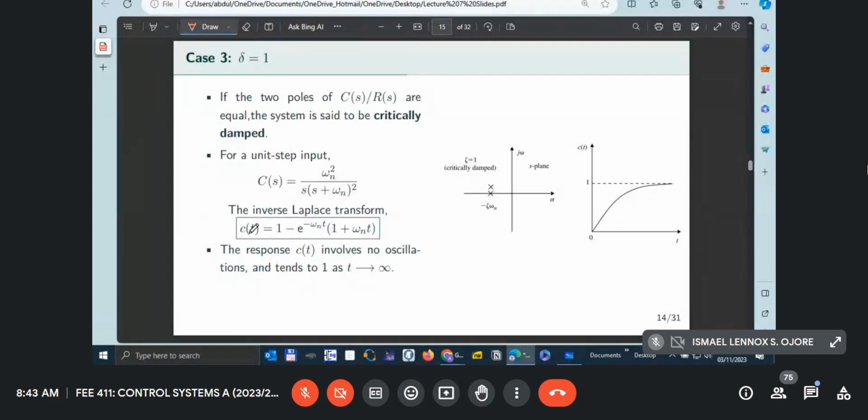The time response for a second order system when delta equals 1 is given by this equation here. Also, we can see as t goes to infinity, we don't have any oscillations, right? We don't have any oscillations.